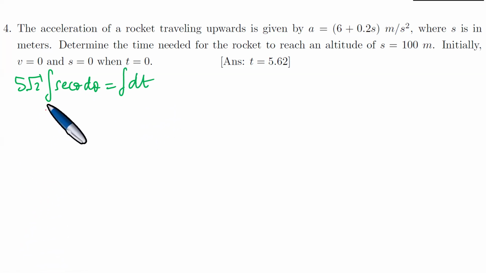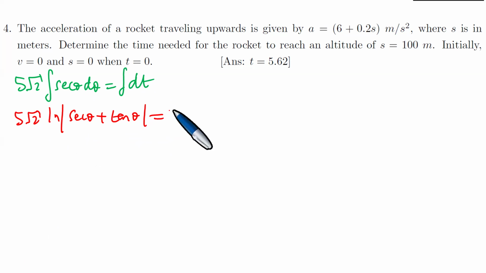But at this point, we know the integral of the secant, okay, is the natural log of the secant of theta plus the tangent of theta, and this is equal to the integral of dt, which is t plus c, right, like so. And now that we have got the integral, we are actually very jubilant. We're very excited.